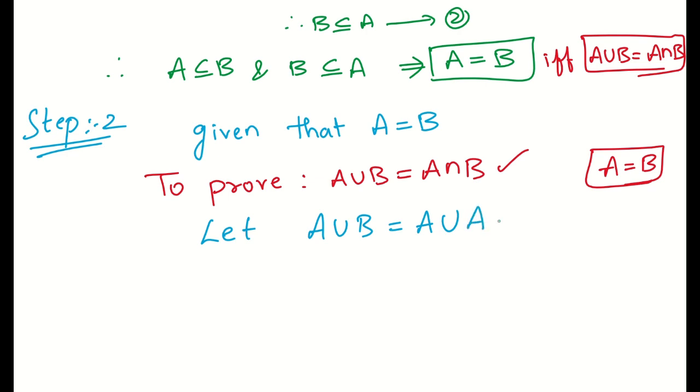A union A is nothing but the set A again. So I will be writing A here. Now let us take the left hand side and right hand side separately. This is what we have taken for the left hand side.